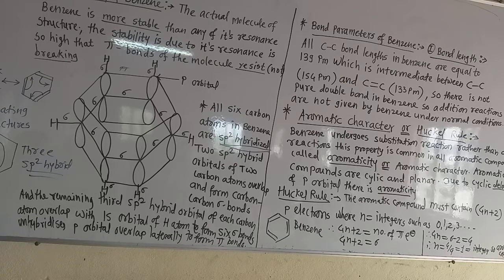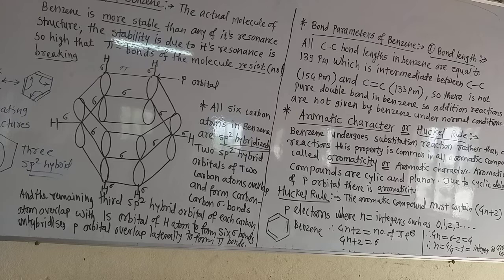What does it show? It shows that there is not a pure double bond in the benzene ring between the 2 carbon atoms, and so addition reactions are not given by benzene as they are by alkenes under normal conditions.